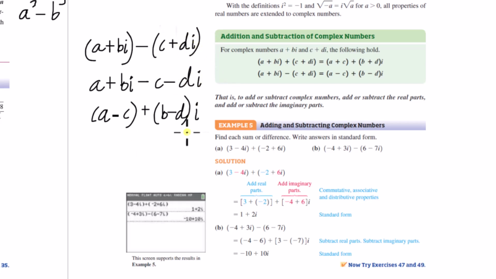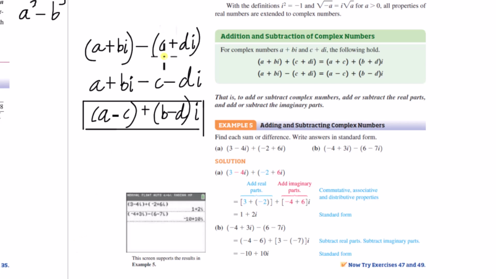But once you get to the end and you're trying to present your final answer, you want to simplify everything, clean it up, and come back to the complex number standard form. You don't want to have just I's floating around randomly all over the place. You want to try and group everything to where you can identify complex numbers.